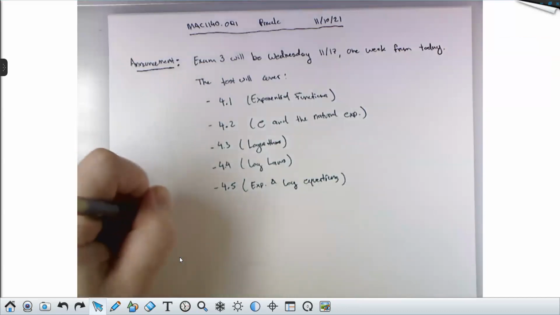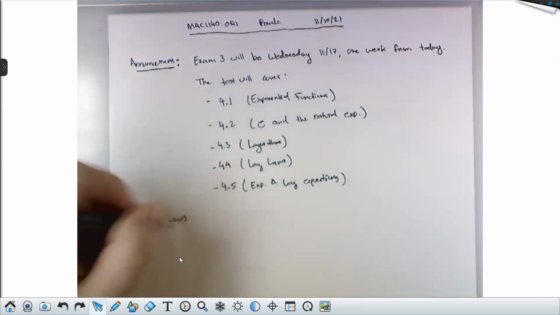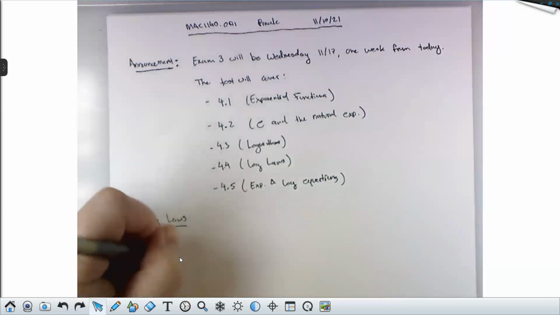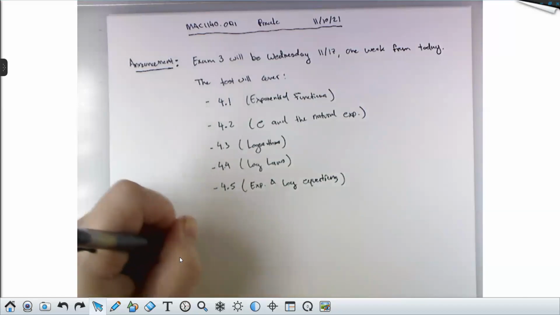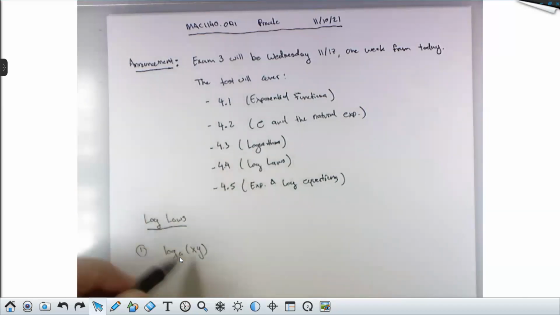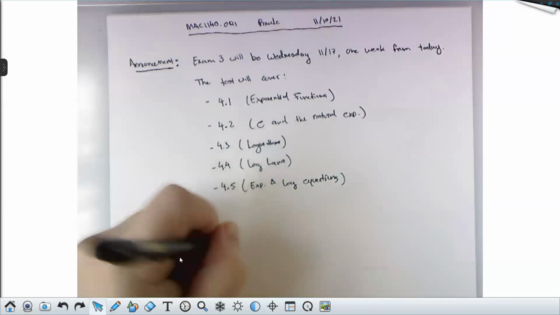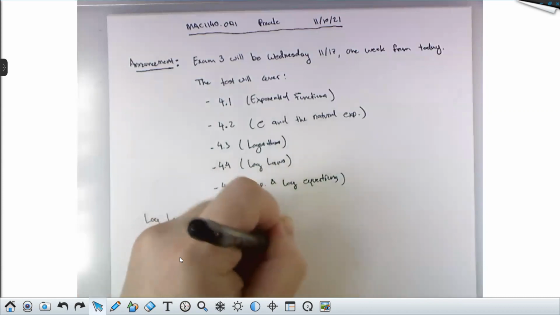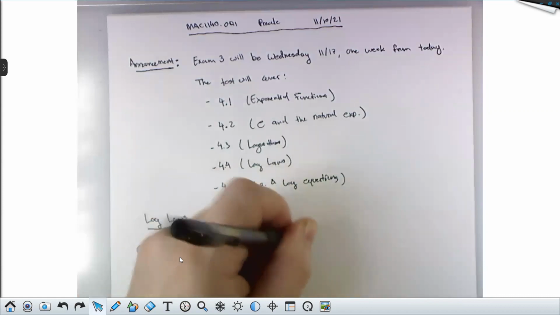And for logarithms, the corresponding rule for that was that multiplication inside, so if you have the base a log of a product, that's the same thing as the sum outside. So the base a log of x plus the base a log of y.